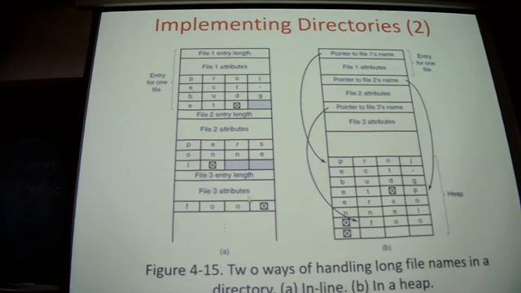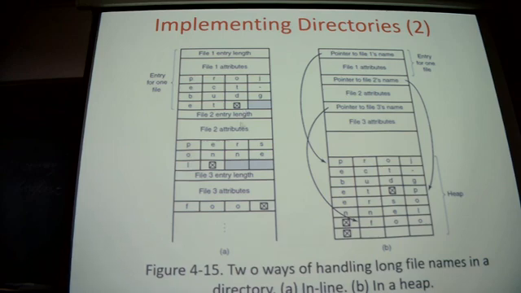We can see that the first way to implement a directory is to first store information about the first file, then the second file, and then the last one in sequence. For each file entry, with attributes and file name, we use a rectangle with a cross to indicate the end of the file name.